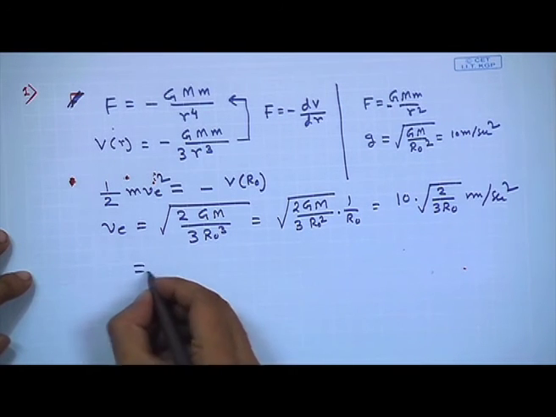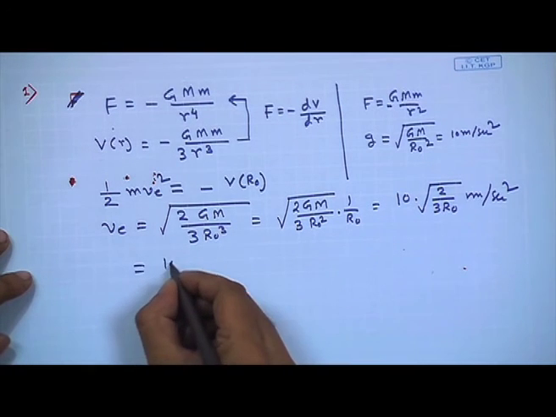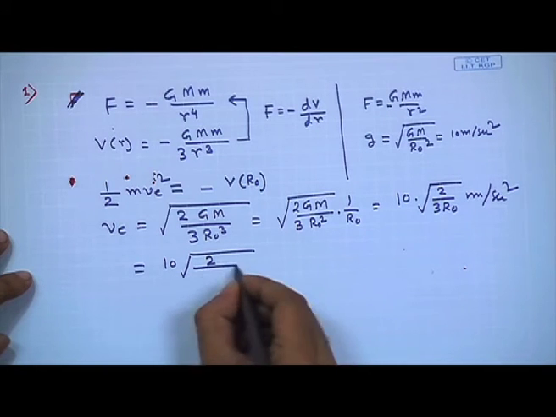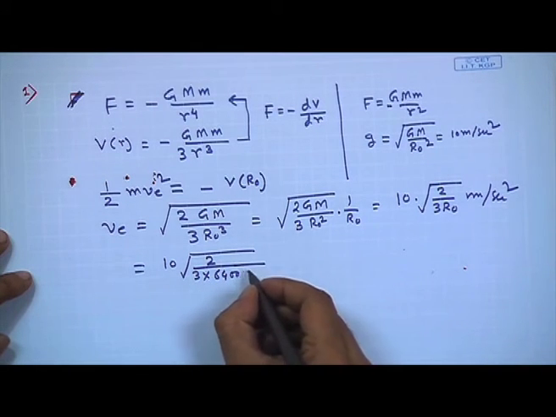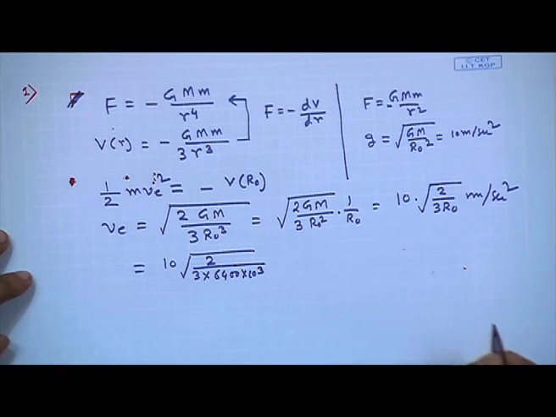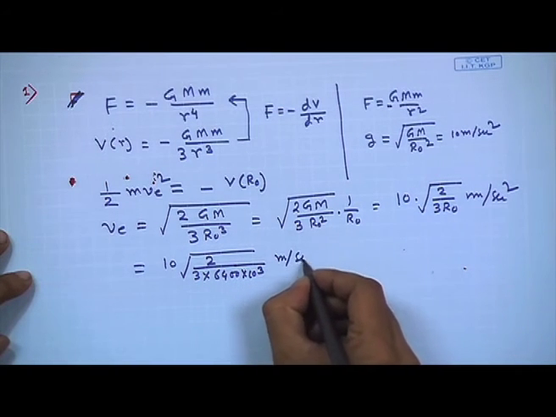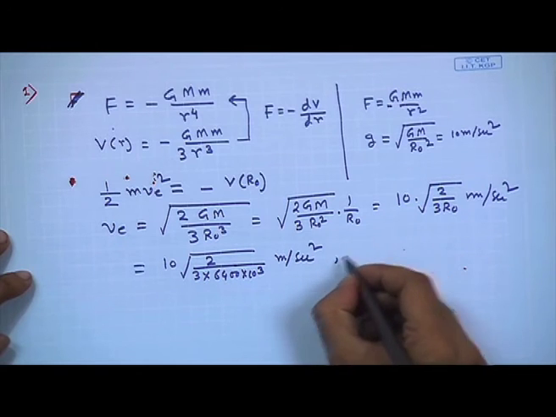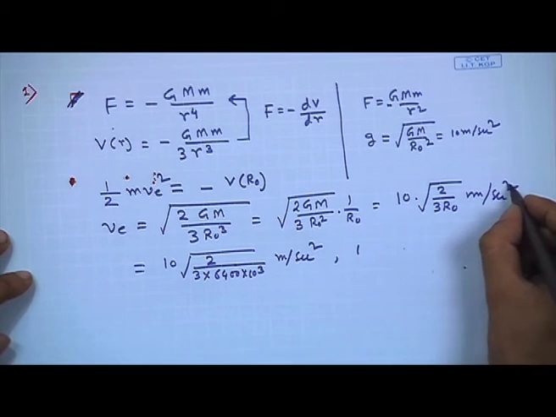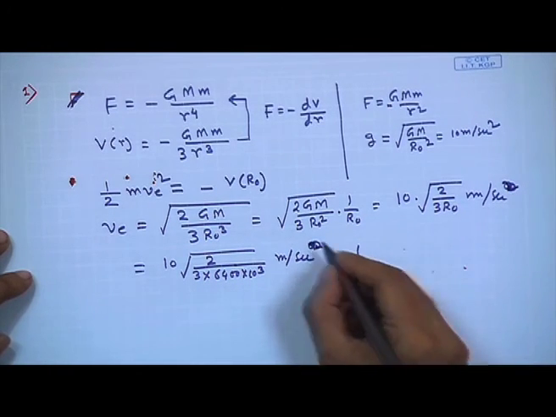Now, if you compute this, we have to put the values. So, it will be 10 divided by 2 into 3 into 6400 kilometers. So, we have 10 to the power 3. This will be in meters per second. Oh sorry, it will be per second because it is escape velocity, I am sorry.